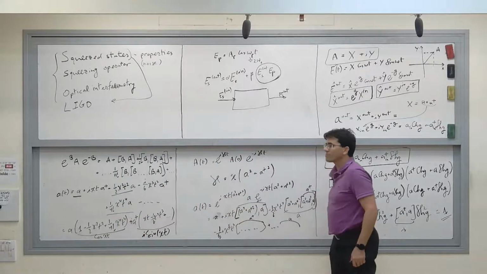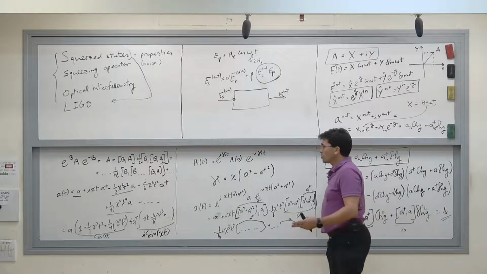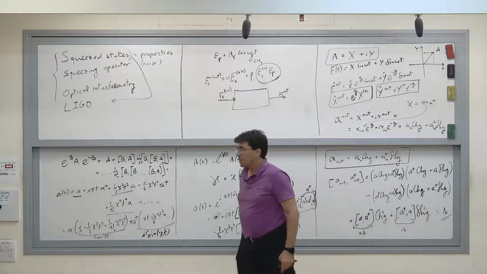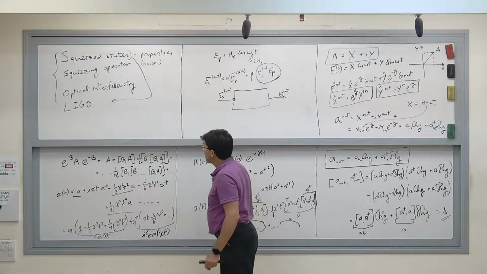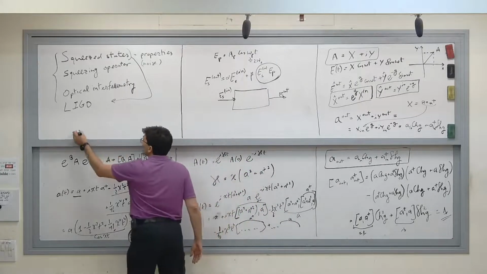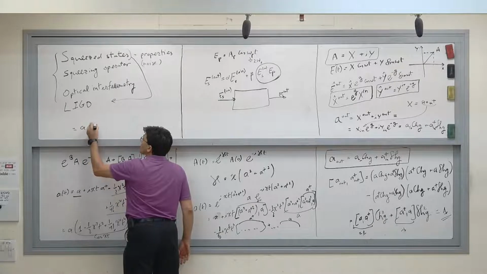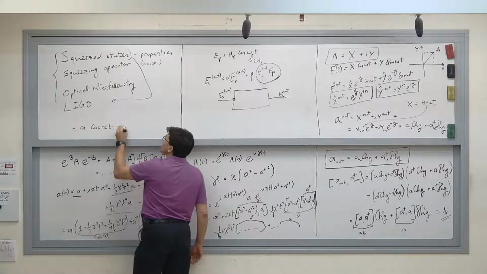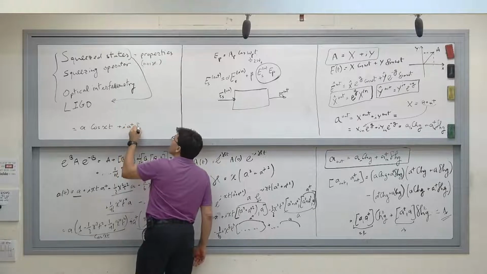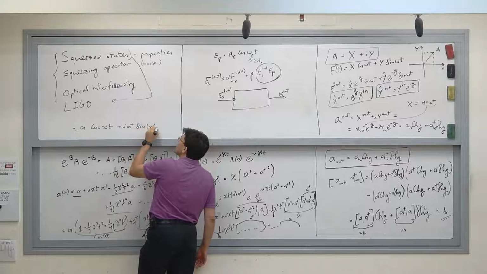Almost. What did we do wrong? There's one thing that I missed. So let me write it here. What we have now is A times cosine chi t plus I times A dagger times standard sine of chi t.